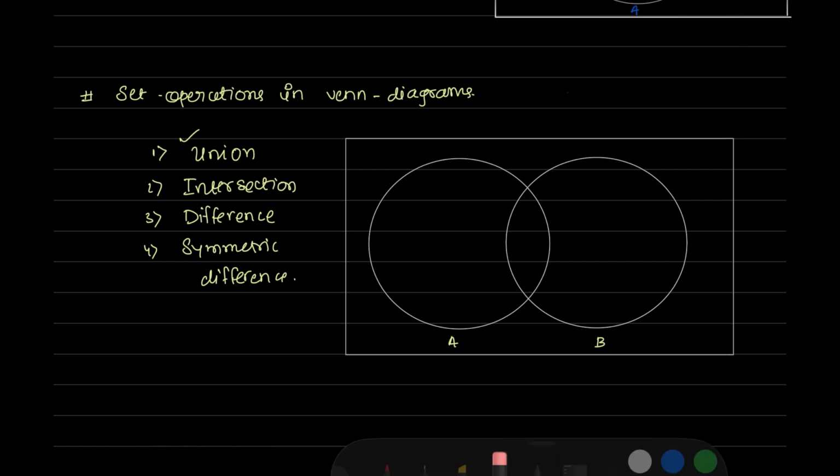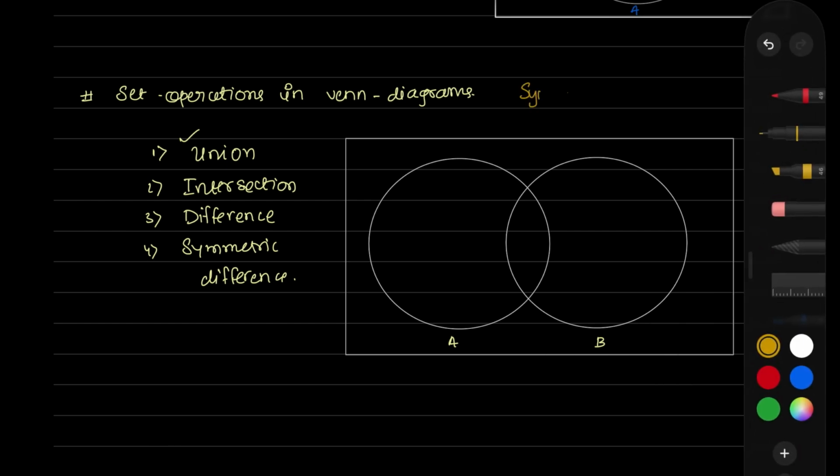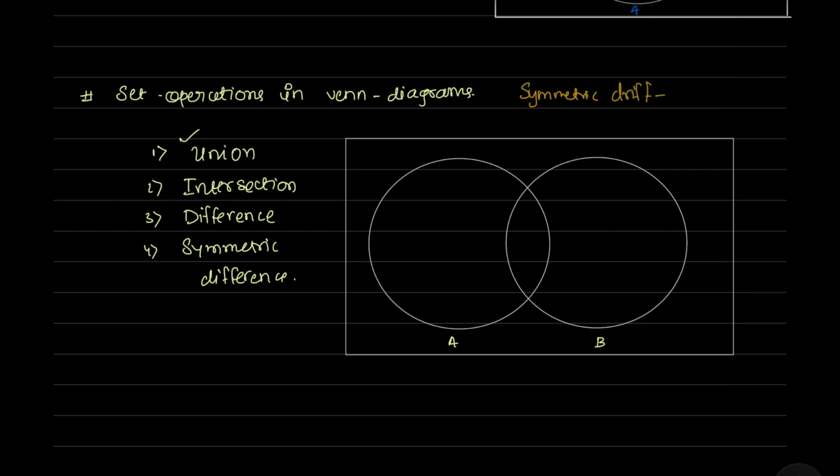The next one we have is symmetric difference. What do we mean by symmetric difference? By definition, it is all elements of A and B which are not in both.